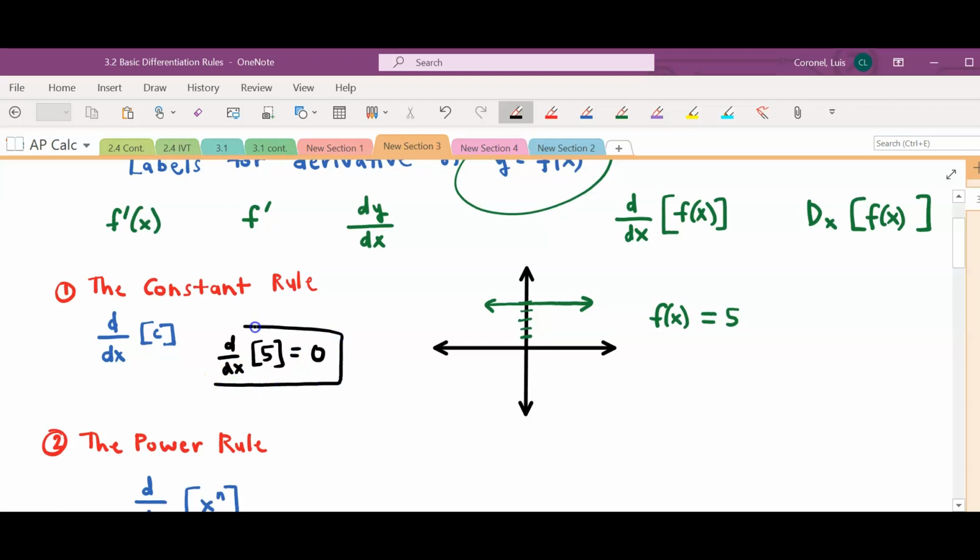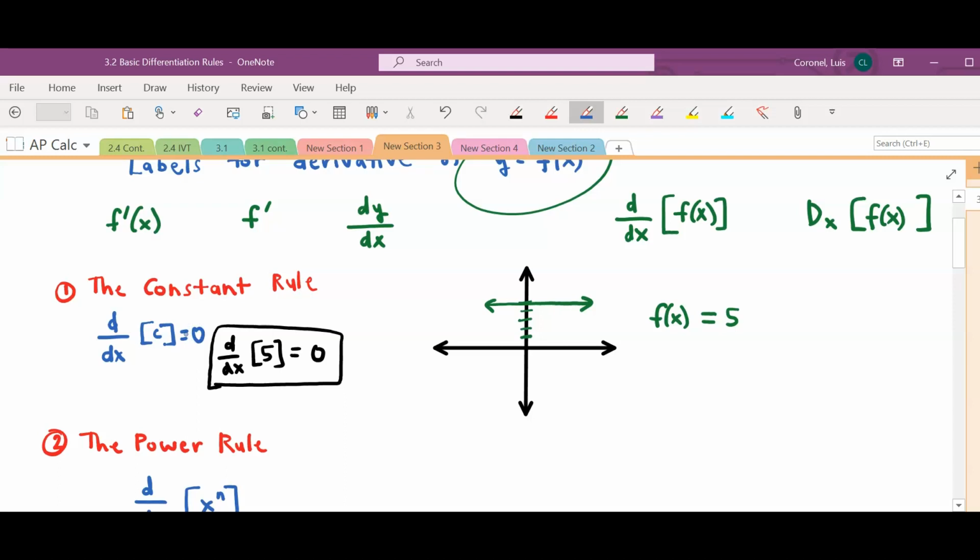When you have a horizontal line, and you find the derivative of that horizontal line, in this case a number, a constant, any number, the derivative is 0. So that's the constant rule. Derivative of a constant is 0.